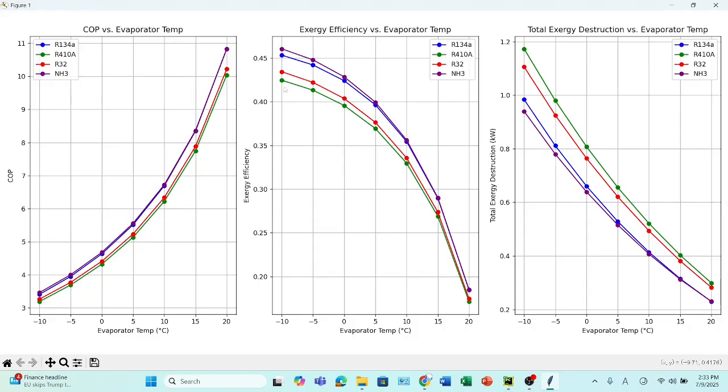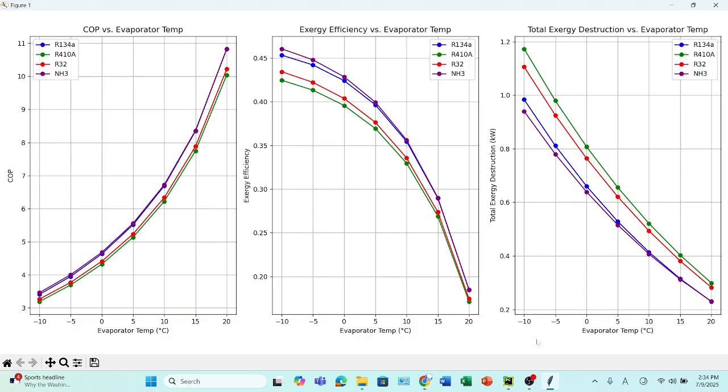And here is an interesting thing: with increasing evaporator temperature, the exergy efficiency is decreasing, and here is the plot of total exergy destruction against evaporator temperature, which says that the total exergy destruction is also decreasing as the evaporator temperature is increasing.